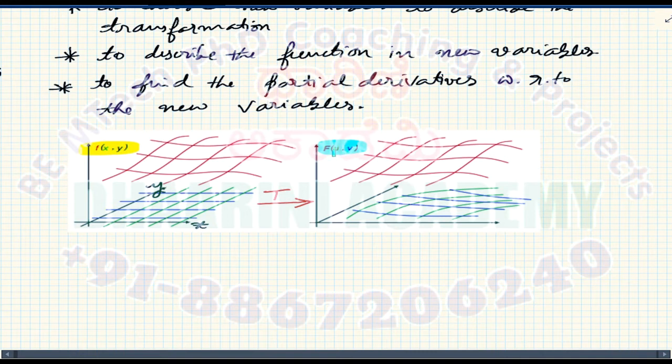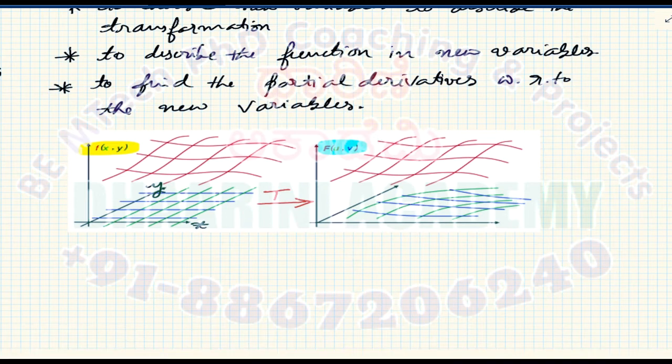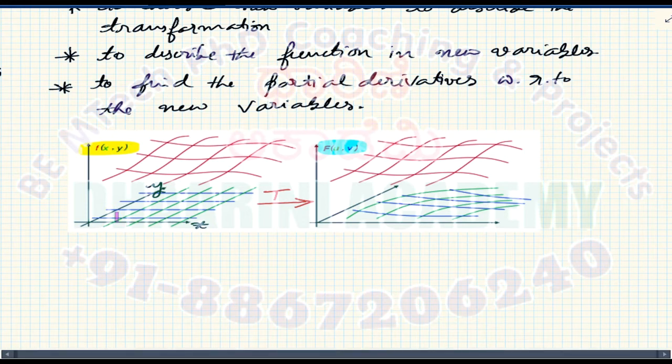There will be something new coming up, like constant values of u and constant values of v. Those curves will be there at the bottom. For example, here we can see the constant x and y's, and very similar to that, I'm going to get a constant u and constant v.